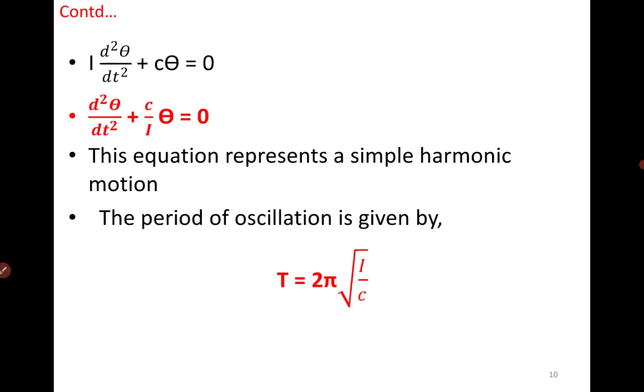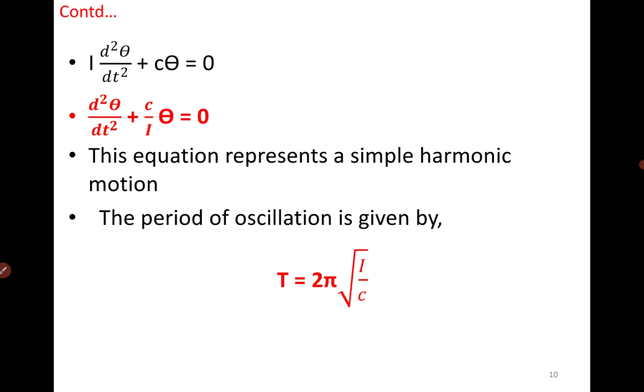C theta can be brought to the left hand side and it becomes positive. Therefore, I d square theta by dt square plus C theta is equal to 0. Dividing this equation by I, we have d square theta by dt square plus C by I theta is equal to 0. This equation represents the differential equation for simple harmonic motion.